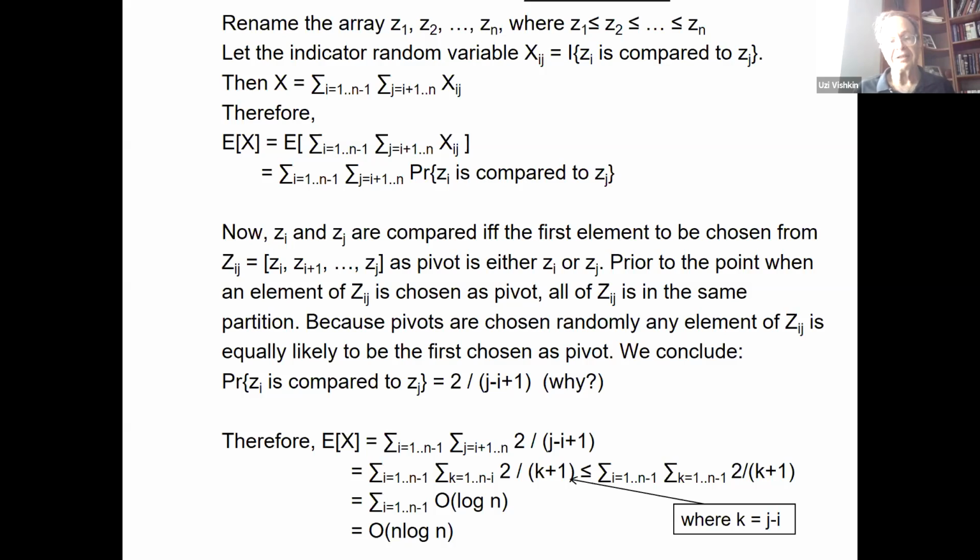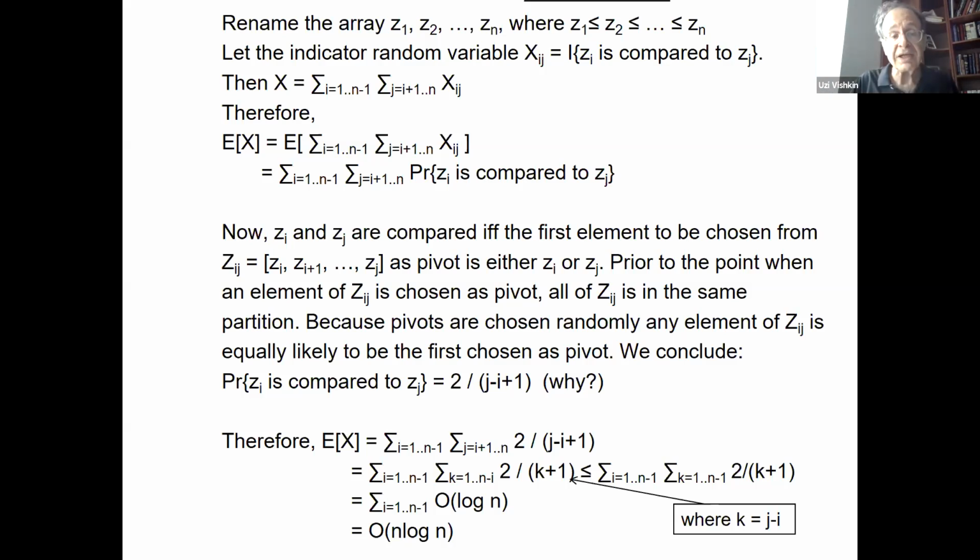So here is the idea. The idea is to think about the output solution, the output array, where everything will be sorted. So in the output array, we can assume that we know the order of the elements. Z1 is the smallest, Z2 is the next smallest, and Zn is the largest. Okay, next notation is to use what's called, I write here X, but it's the Greek letter chi.